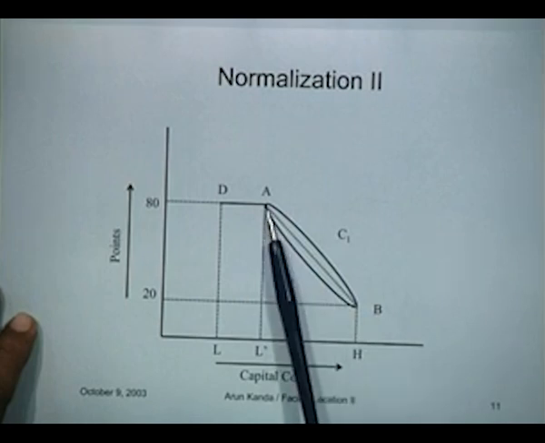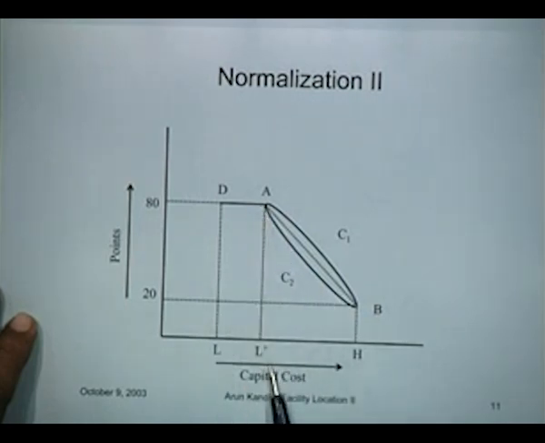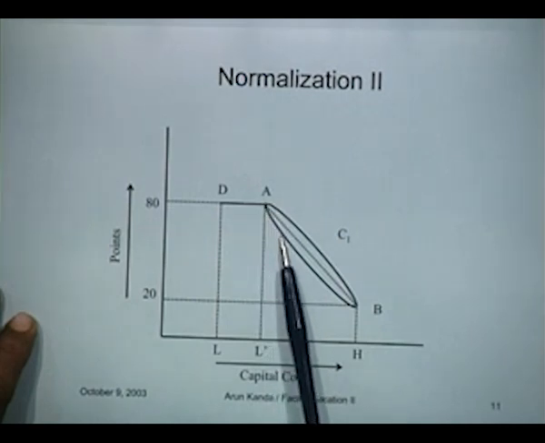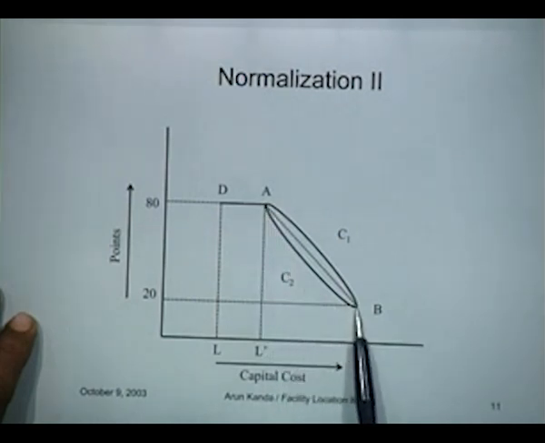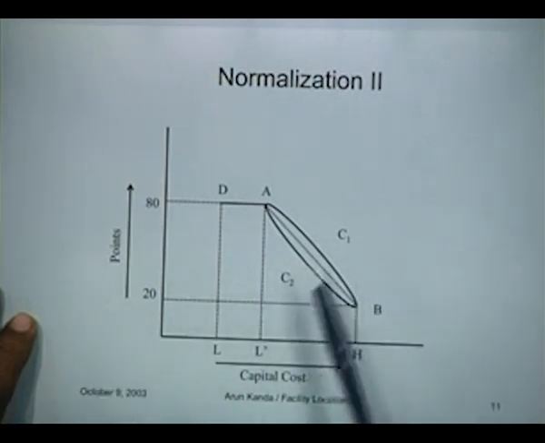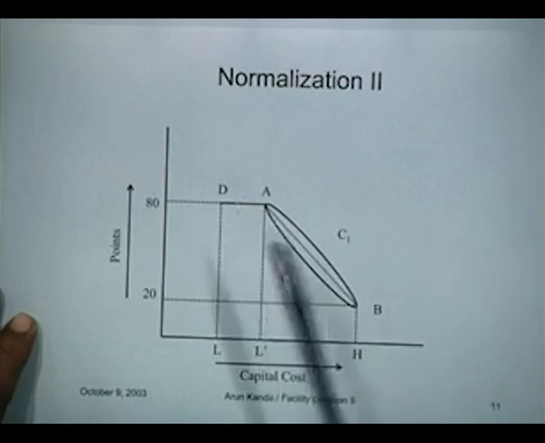So, it is like saying that you are penalizing the candidate most, that is capital cost, that there is a fall in capital cost, you are penalizing him here, and relatively at this point the rate of penalty is decreasing. It is the reverse in the case of the other function.